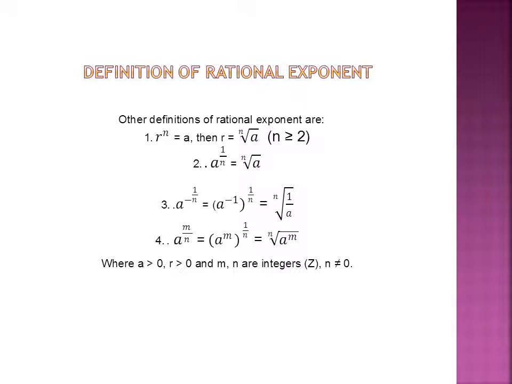The fourth one, if we have a to the power m divided by n, it is equal to a to the power m to the power 1 divided by n, which equals the nth root of a to the power m. And notice here, a is greater than 0, r is greater than 0, and because we are talking about rational numbers, m and n are integers, and n must not be equal to 0.